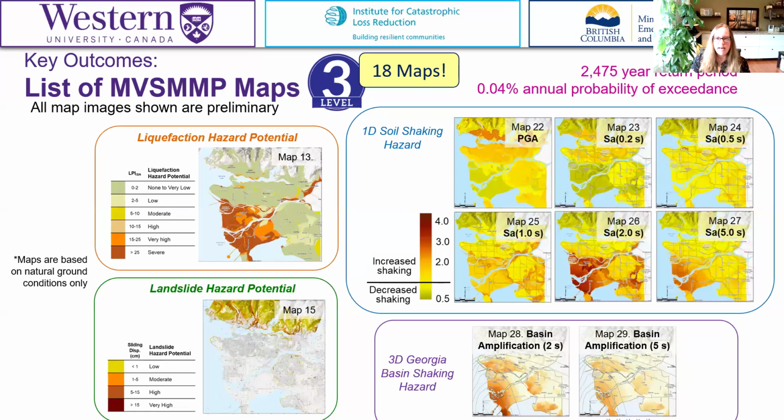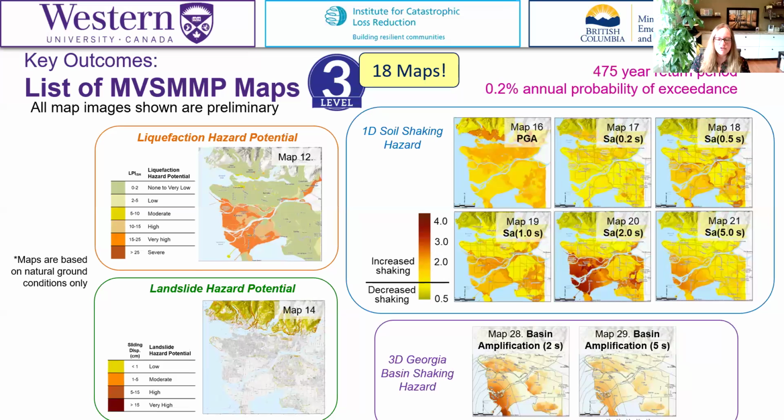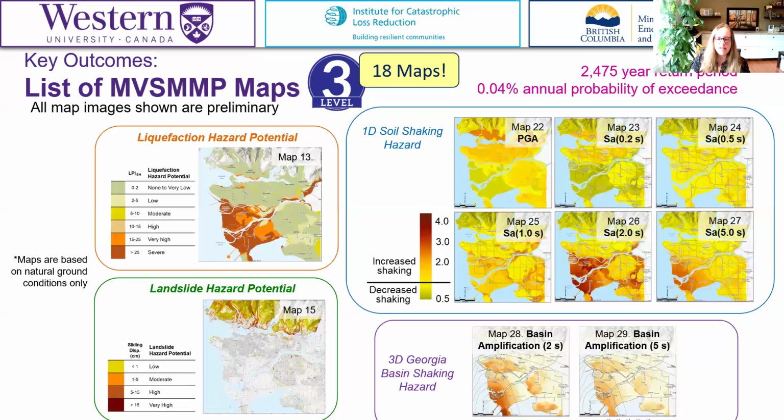And we do look at it at 2 different return periods, or for those 2 different shaking intensities. And lastly, the map depicting where we'll see increased shaking at long periods related to the 3D Georgia Basin.